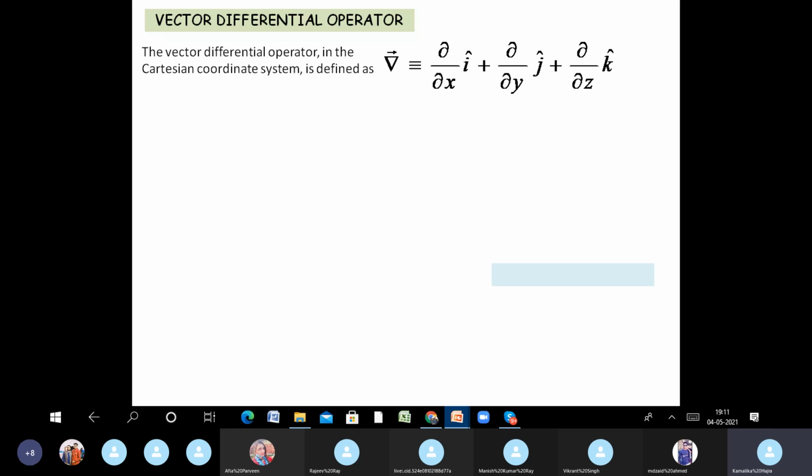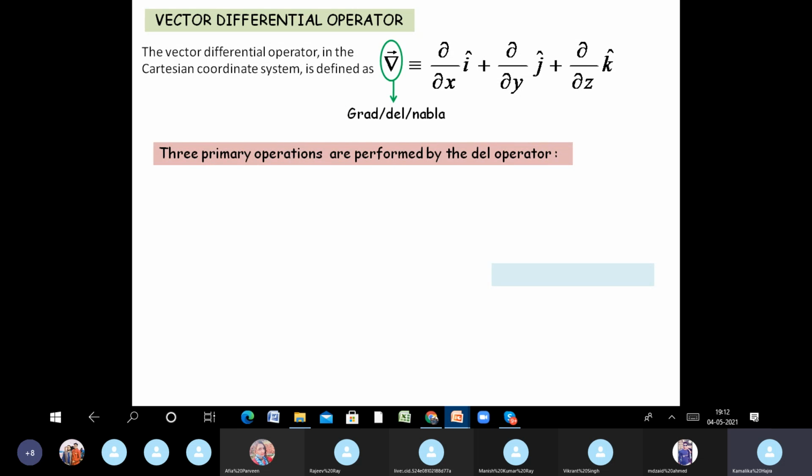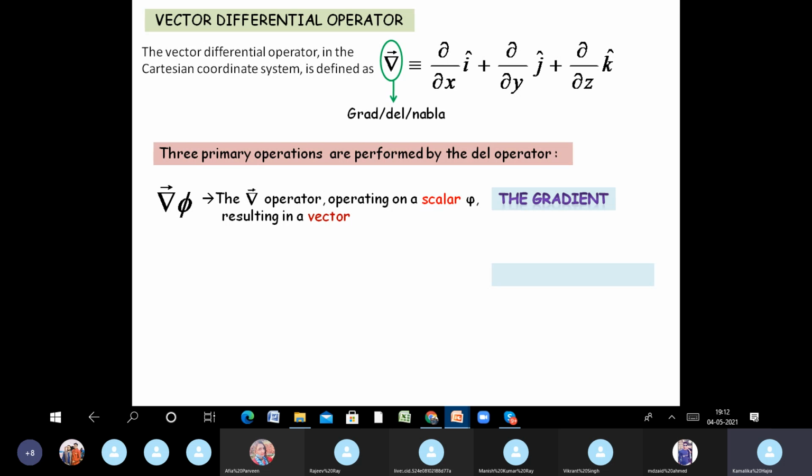So we saw that there are three primary operations that can be performed by this del operator, or the grad operator. What are they? First, grad phi or del phi. When this operator is acting on a scalar function, so phi here is a scalar function of x, y, and z, of course, then we get what is called a gradient.